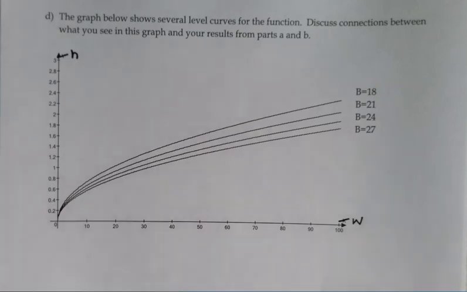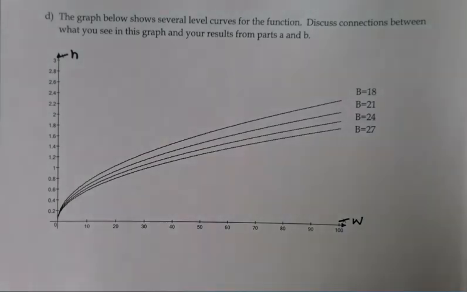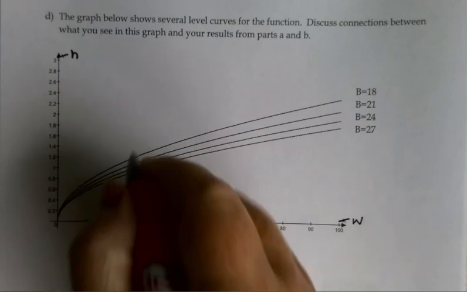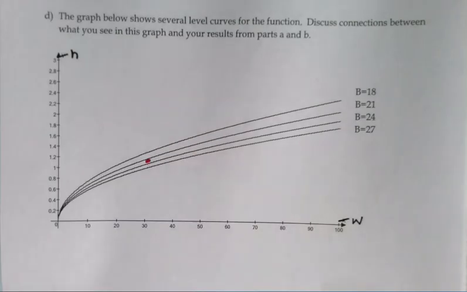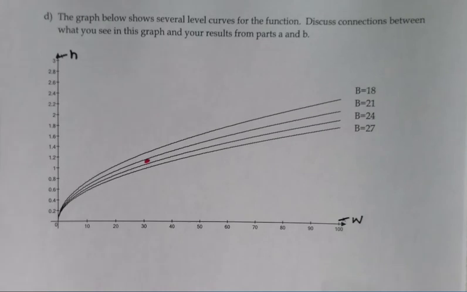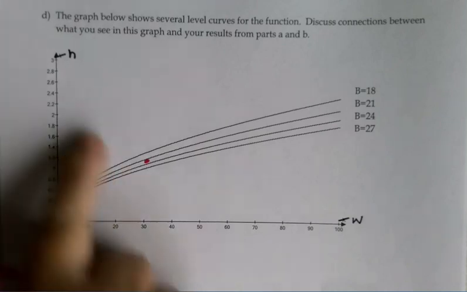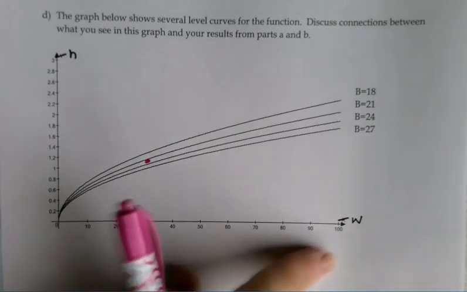All right, here's what I'd like to do. Let's imagine that we're starting out somewhere. It doesn't really matter where. Let's just pick a point, right here. And let's imagine first that we gain weight while keeping our height constant. So height stays the same, horizontal, but weight is going to go up.